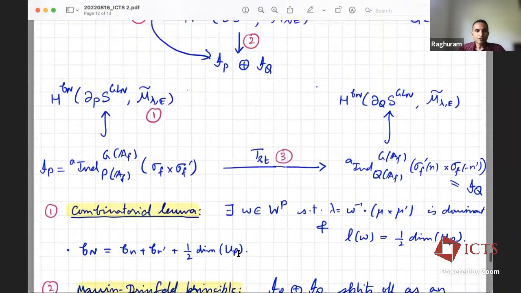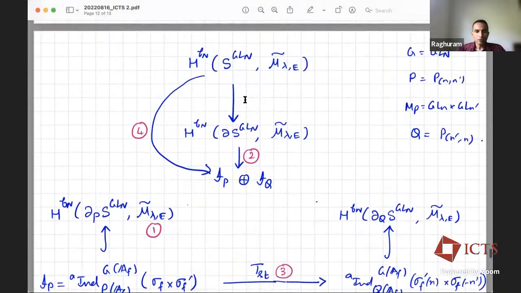And then once one has all that in place, back to this: from the global cohomology, you restrict to cohomology of the boundary, project onto the sum of these two pieces, and ask for the image of this. Observe all this is happening over E so far. For the main theorem, you should pretend that each I_P is like a line, and I_Q is another line.